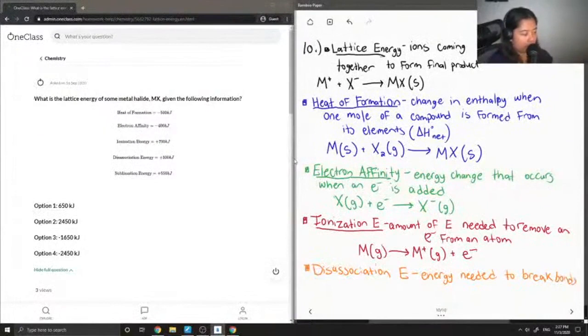So in our case, let's say we have our elemental halide. To break them apart is dissociation energy.